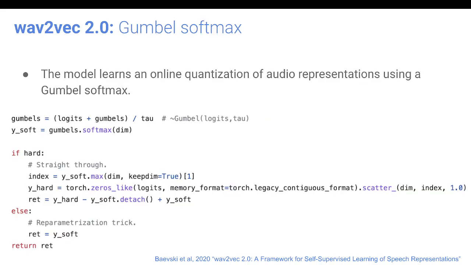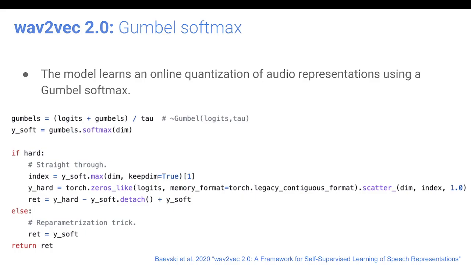The online quantization algorithm that was used in Wave2Vec is the Gumbel Softmax. You can see here the PyTorch implementation of the Gumbel Softmax. As usual in the Gumbel Softmax algorithm, you add Gumbel noise and you have a temperature that controls how you sample these units.